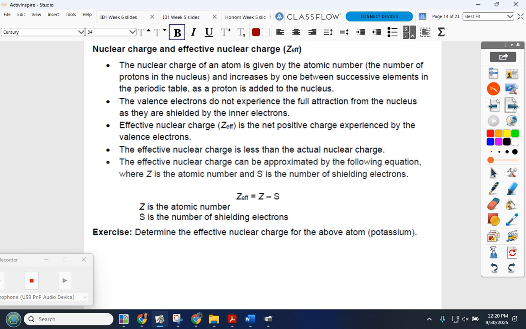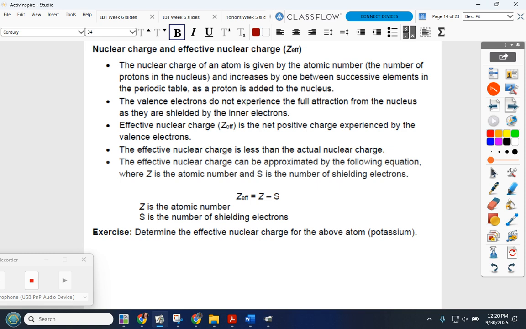So nuclear charge is really just how many protons you have. But from the perspective of the valence electron, the effective nuclear charge is essentially the net charge that the valence electrons are experiencing if you take into account that all the core electrons are in the way, okay? And so basically we just subtract. It's really straightforward, okay?